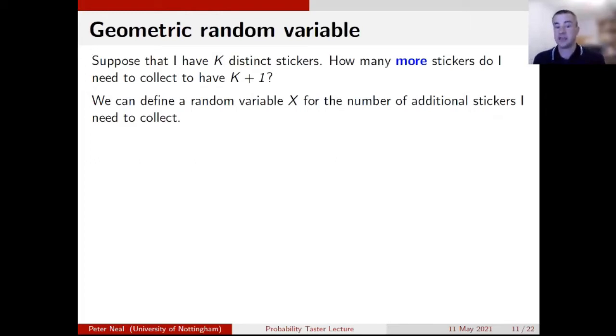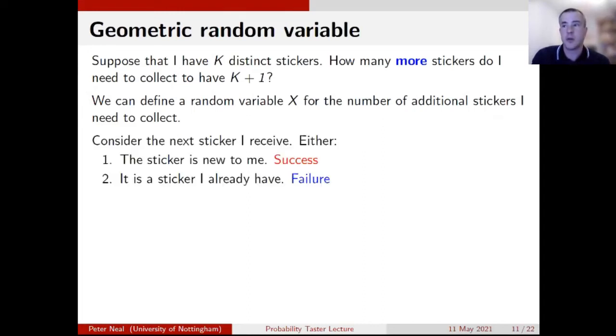In this case, it's just going to take integer values 1, 2, 3, and so on. We can define how many stickers I need to collect to get my next new sticker. The way to think about this is to think what happens when we collect our next sticker. Either it's a sticker which is new to me, and that will count as a success because I've got one more towards my goal of completing the album, or it's a failure. It's a sticker I already have.